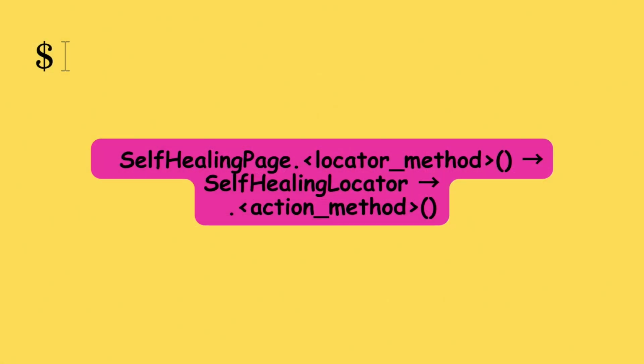In the normal Python Playwright, we have a page object and all methods used to locate an element return a locator instance. Self-healing page has all the same methods, but returning a self-healing locator instance. And self-healing locator implements the same interface as locator, but with the healing functionality inside all methods. The action methods, actually.